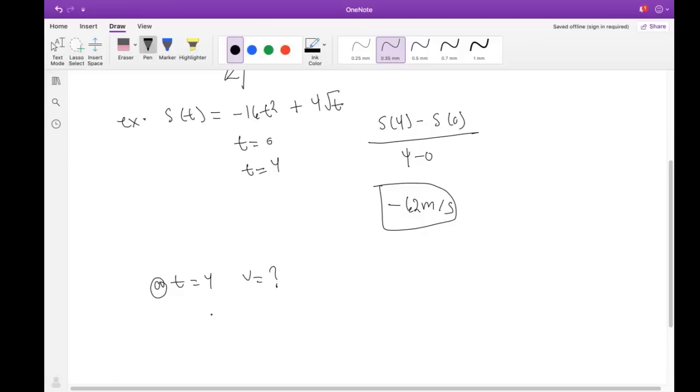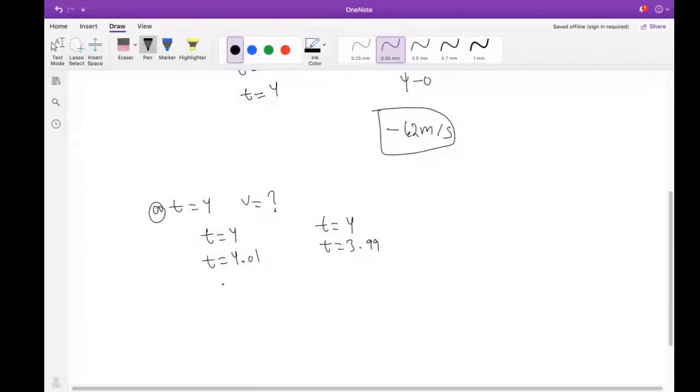So you would want to find the slope between t equals 4 and t equals 4.01, and between t equals 4 and t equals 3.99.